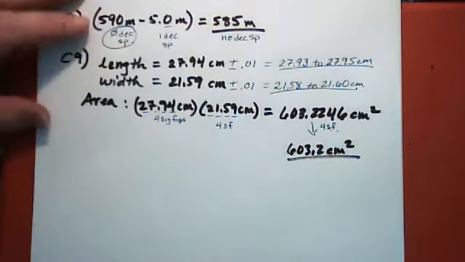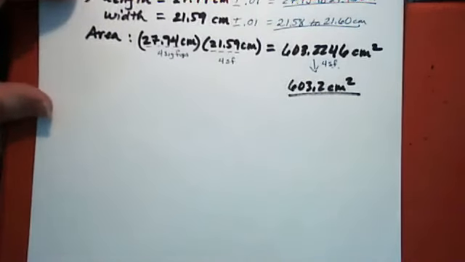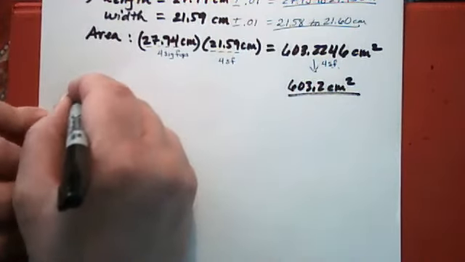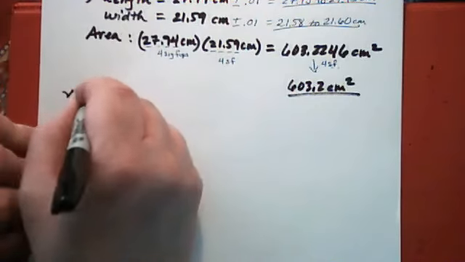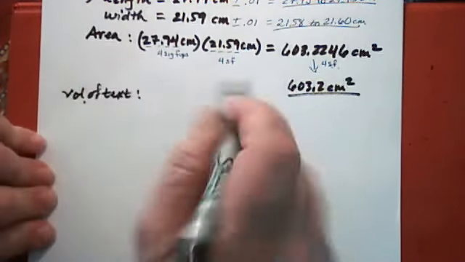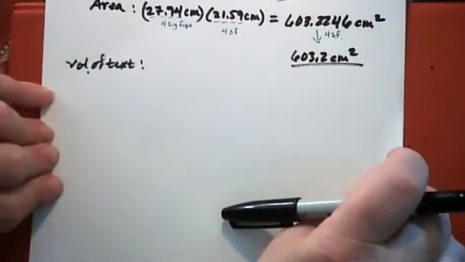Okay, and next it asks you to find the volume of your textbook, measuring in centimeters. I was using my older edition of the textbook, and it's a little beaten up, so it might come out a little different from yours.